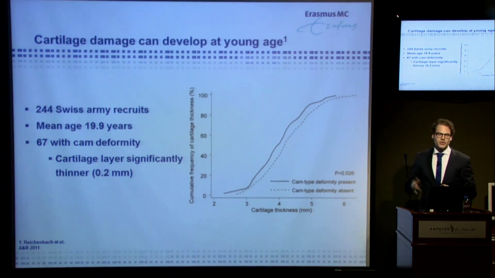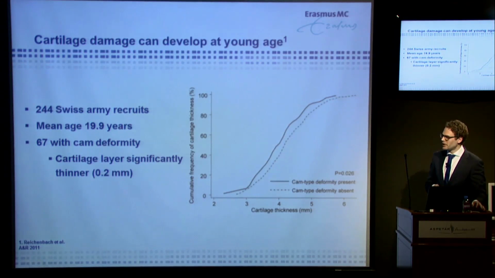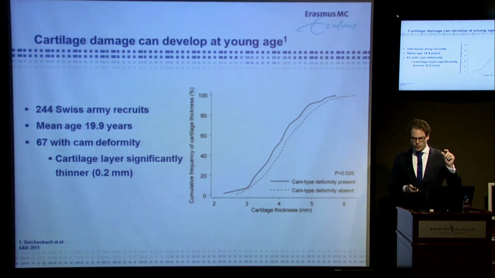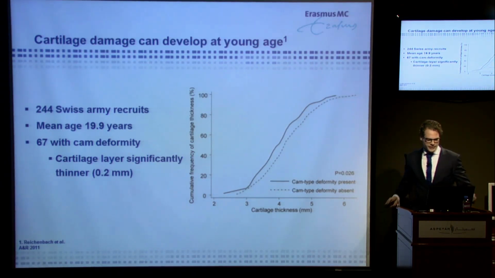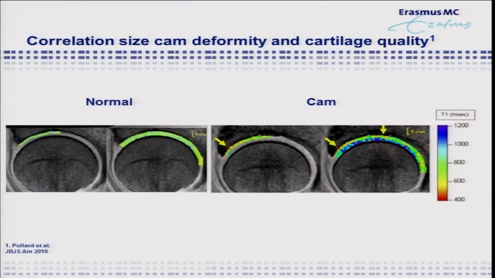The hips with cam deformity had on average 0.2 millimeter less cartilage thickness when the acetabular and femoral cartilage layers were combined. And there's also a correlation between the size of a cam deformity and the cartilage quality. So the bigger the cam deformity, the worse the cartilage quality.